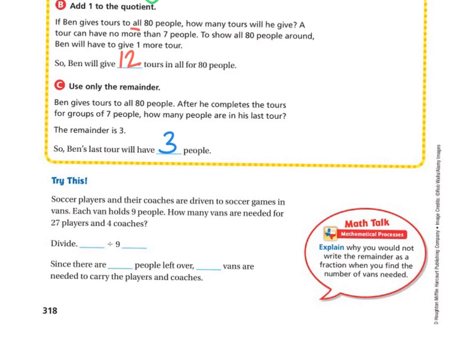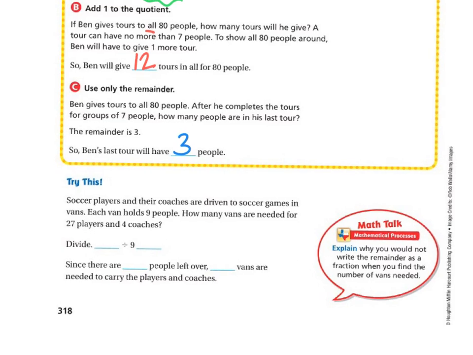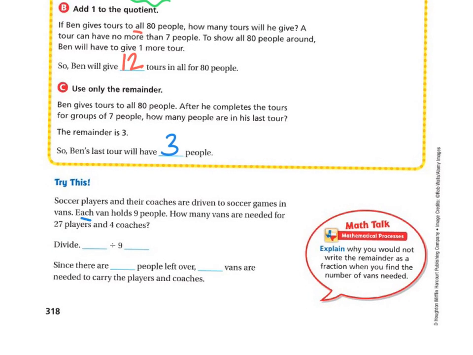All right, so down here at the bottom one, we've got a soccer player and their coaches driving to a soccer game in vans. Each van holds 9 people. How many vans are needed for 27 players and 4 coaches? So your first thought is, okay, how many people are going?